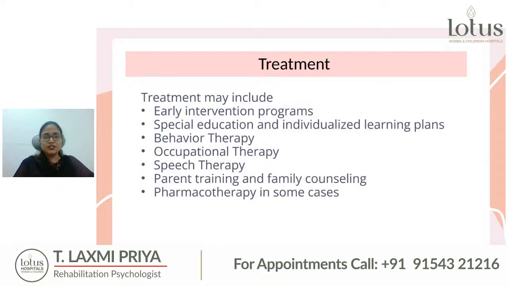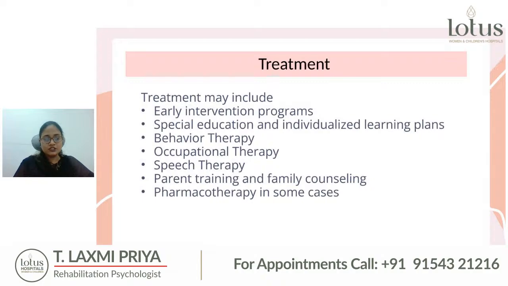Special education and individualized learning plans: if a child is in a school, for example, a person having intellectual disability, the school can accommodate a special educator and include individualized learning plans and customized.